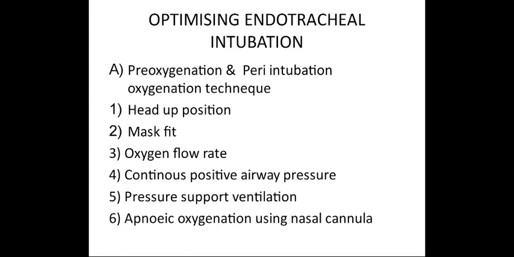Third, oxygen flow rate. Deliver at least 10 liters per minute with an open circuit. It is mandatory during pre-oxygenation. When a closed circuit is used, pre-oxygenation should be done with pre-filled oxygen using a minimum oxygen flow rate of 10 liters per minute.